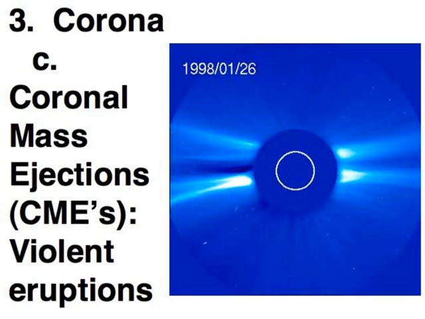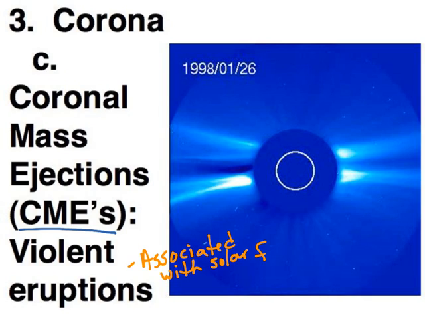Corona also experiences what are called coronal mass ejections, or CME for short. And these are violent eruptions. They are associated with solar flares, and the breaking of magnetic field lines. Plural.